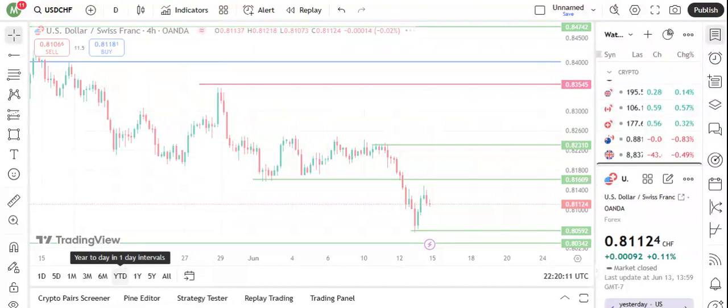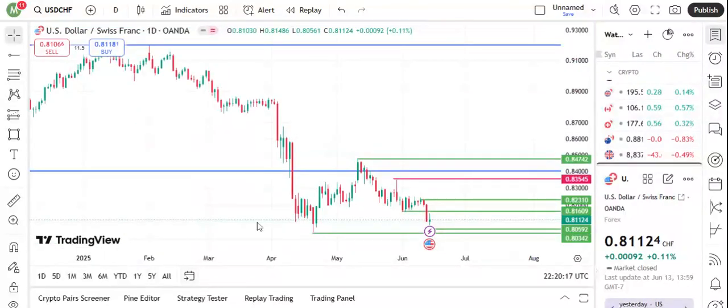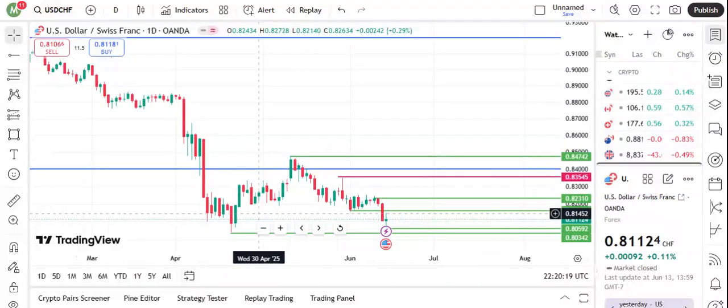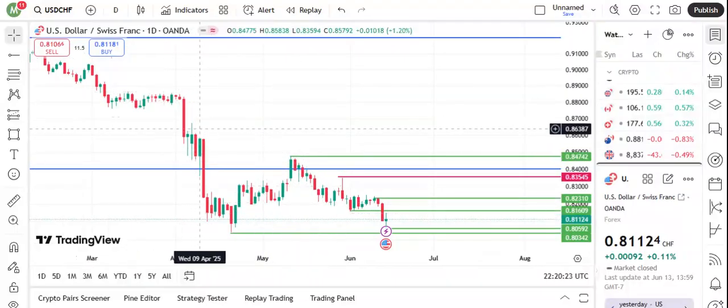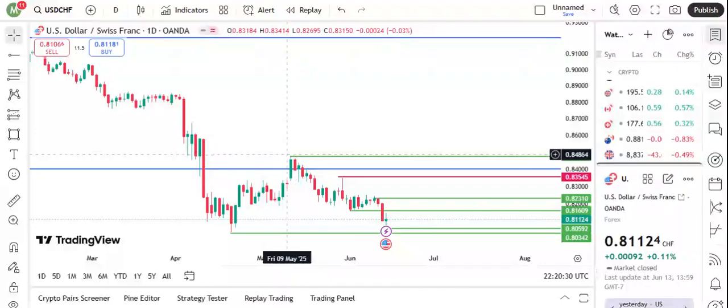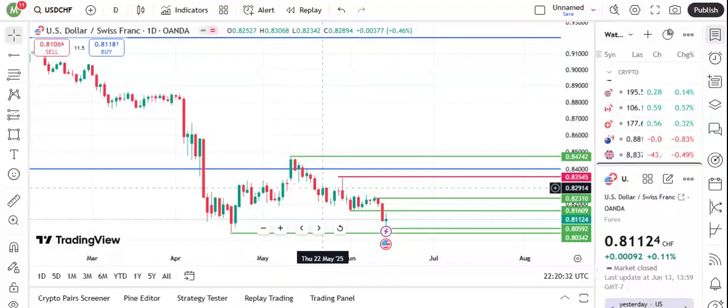One thing you have to understand is that the daily time frame is very important. I'm having a network issue. The daily time frame is very important. We were expecting price to come to this area here before we start selling, but price didn't come back to that area. It stood at this place and then started selling.